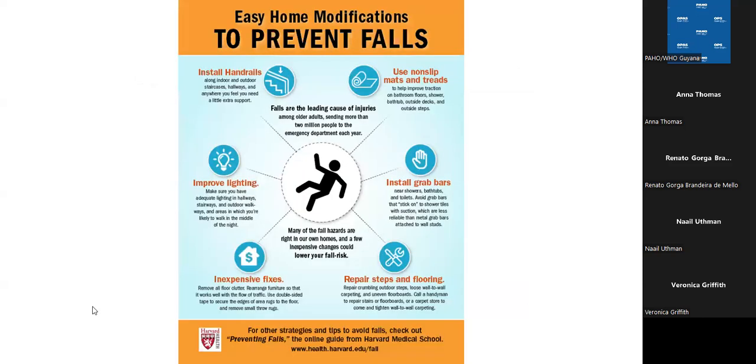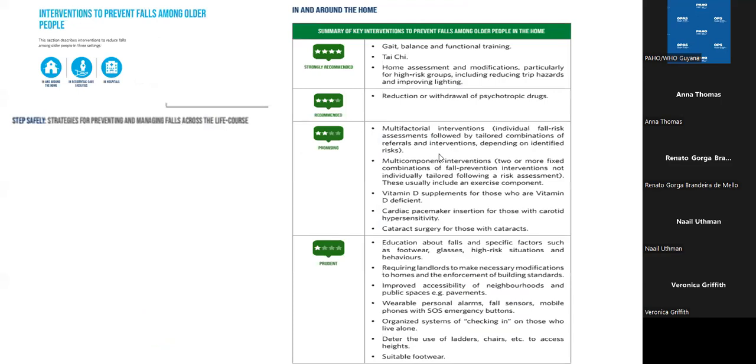Here are some easy home modifications to prevent falls. Some tips that we can deliver to patients or caregivers. Oh, sorry. And here are interventions to prevent falls. Strongly recommended: gait, balance, and functional training. Nothing is more effective to prevent falls than physical exercise, physical activity.